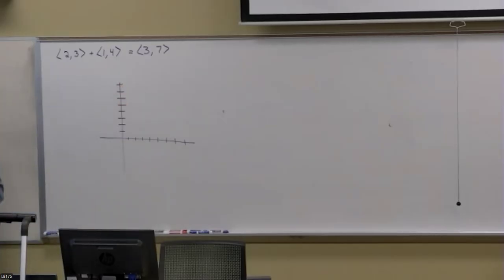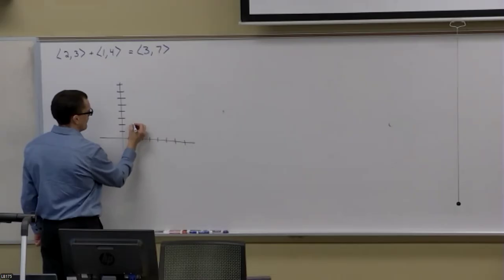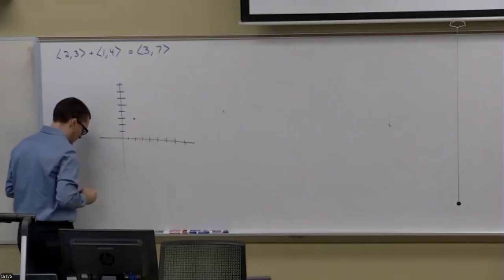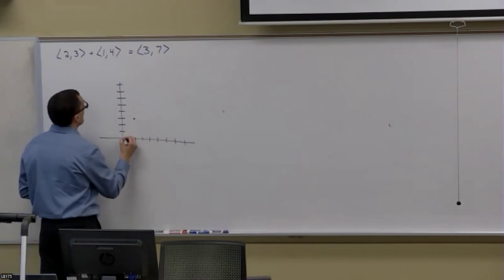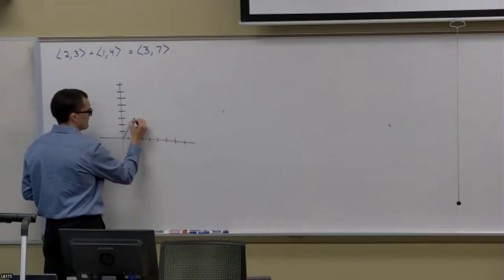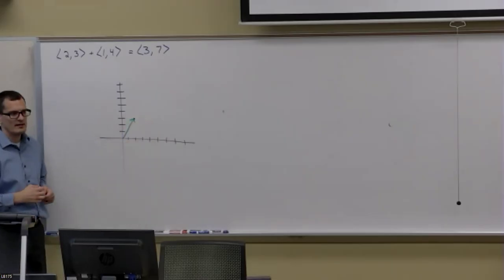is geometrically, if I take the vector 2, 3, let me write that in a different color. 2, 3, it's a vector pointing in this direction, hitting that point.